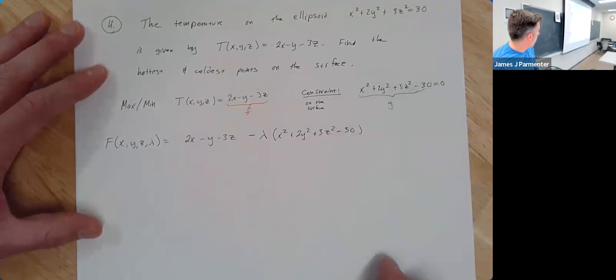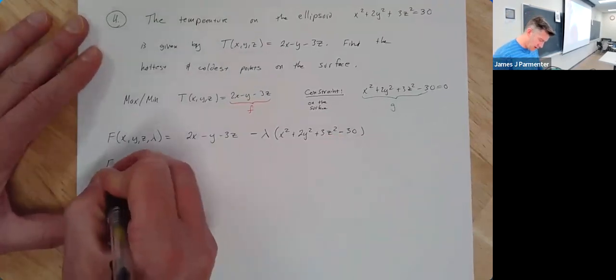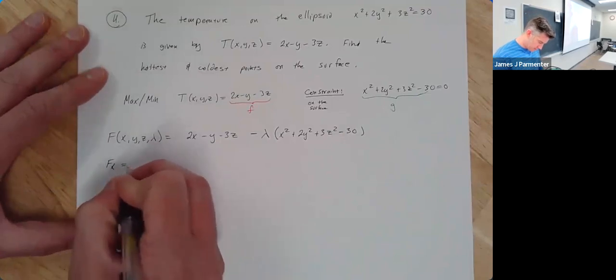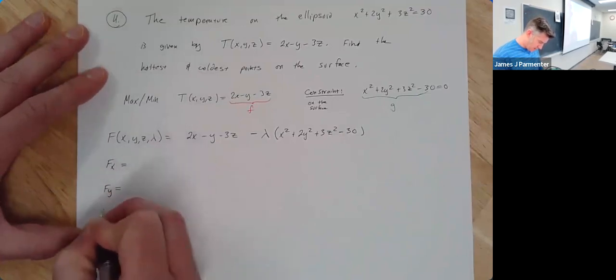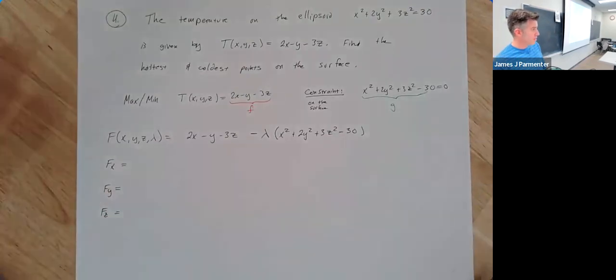All right, I want all of you to find your three partials that matter. I want you all to find Fx, Fy, Fz, set them equal to 0, and then solve each one for lambda.